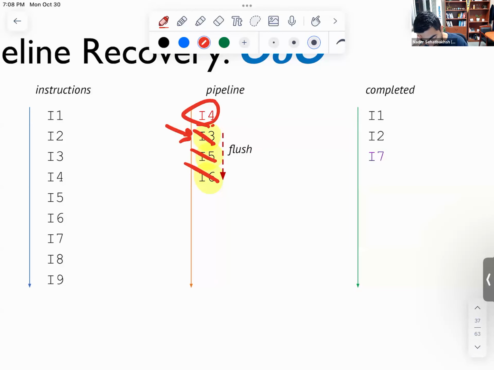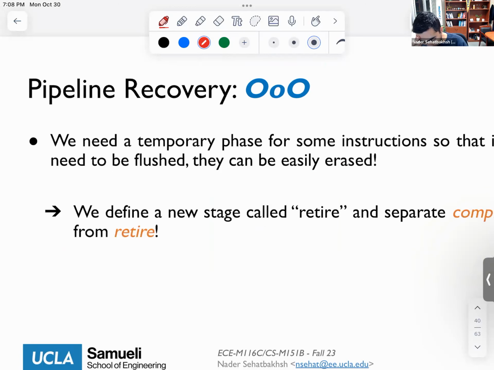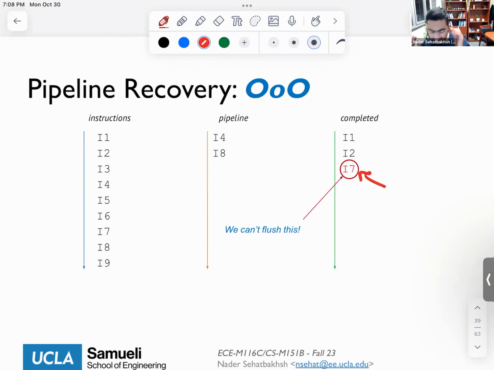The bigger problem is that even if I can flush all these three, there's this I7 instruction, which is already completed. It has already left the pipeline, right? Even if I execute I8 and I already flushed these things, since I7 already completed and left the pipeline, there is no way of recovering this, okay?